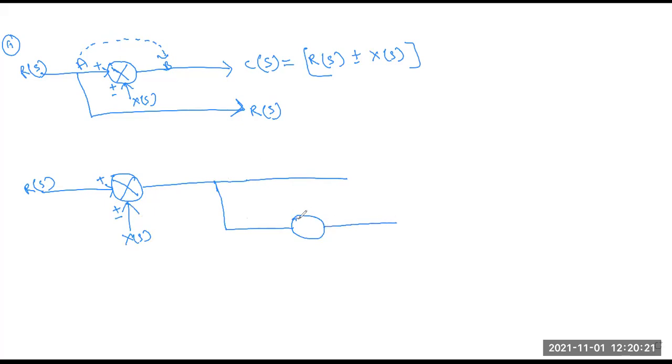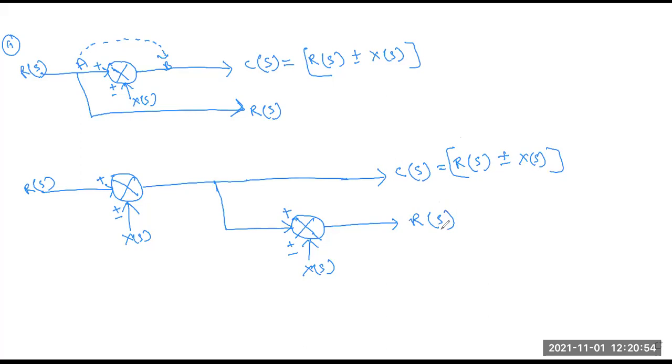Then finally output from here. This is X(s), positive negative. This is also positive. So in that case, the output from here, that is C(s), is equal to R(s) plus minus X(s). Another one, this is also R(s).